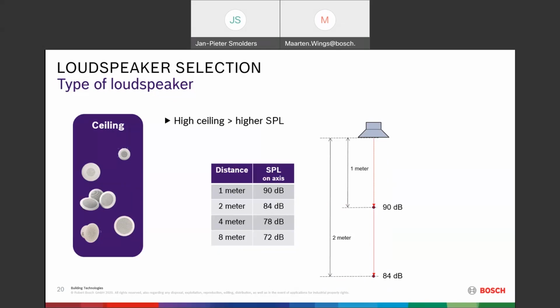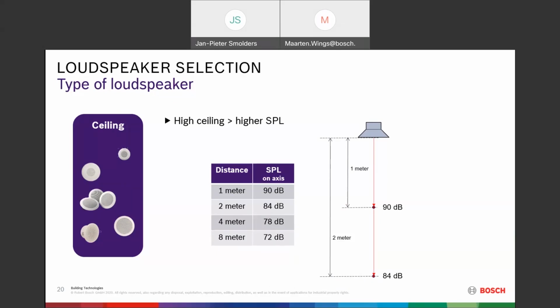Now the height of the ceiling is also important in relation to the sound pressure level. If you look at the sound pressure level a loudspeaker can deliver at 1 meter, that is specified in the data sheet. Each doubling of the distance away from that loudspeaker will reduce the sound pressure level by 6 dB. So here in this example, the specification of this loudspeaker is 90 dB on axis, 1 meter away from this loudspeaker.